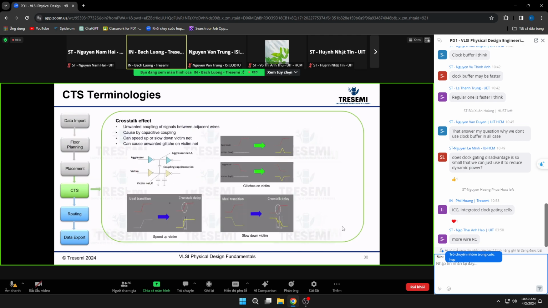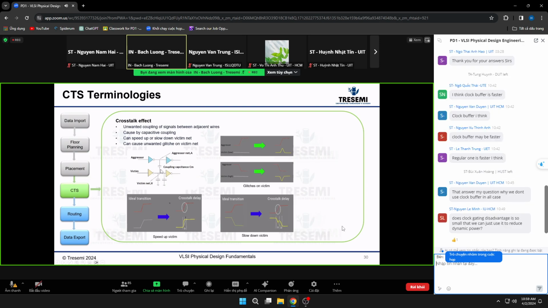Crosstalk effect. So what is the crosstalk effect? We touched on it, and we mentioned the crosstalk effect quite a bit. It is defined as unwanted coupling of signal between adjacent wires. So you have 2 wires going along, and the coupling between them is what we refer to as the crosstalk effect.